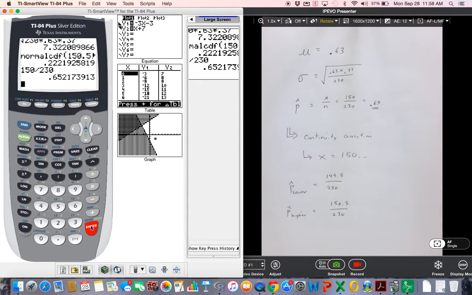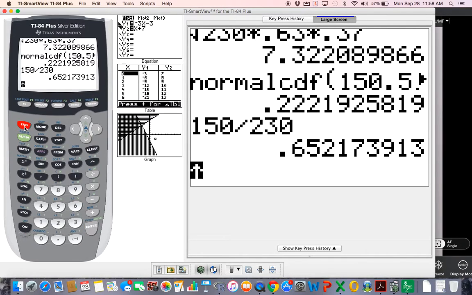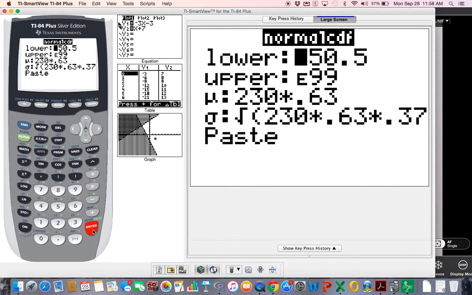So guys, when we do this on our calculator, let's get this larger right here now because this is what we need. We're going to come into distribution, normal CDF. Now our lower bound is going to be what? It's going to be 150.5. Now a lot of students will stop there. Guys, no, don't stop. You've got to take that out of the 230 students that were sampled.